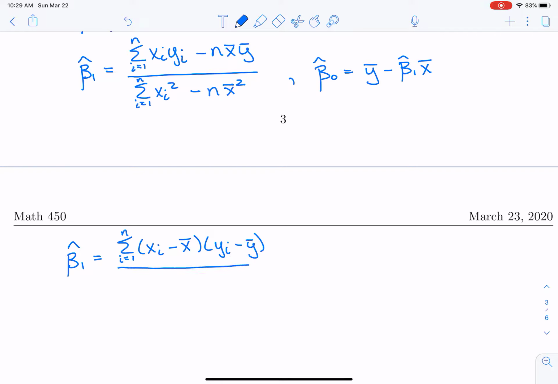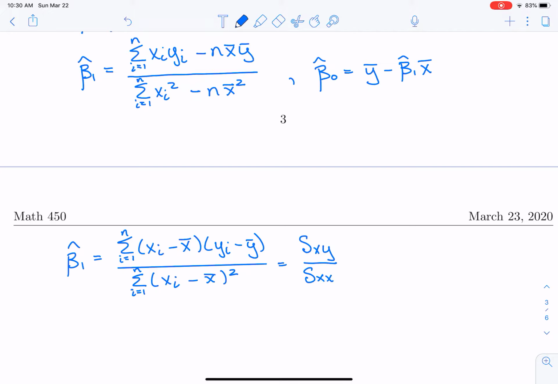And the denominator can be written as the sum from i equals 1 to n of x sub i minus x bar squared. Okay, so we'll actually give these two things names. This will be capital S sub xy, and the denominator will be capital S sub xx.